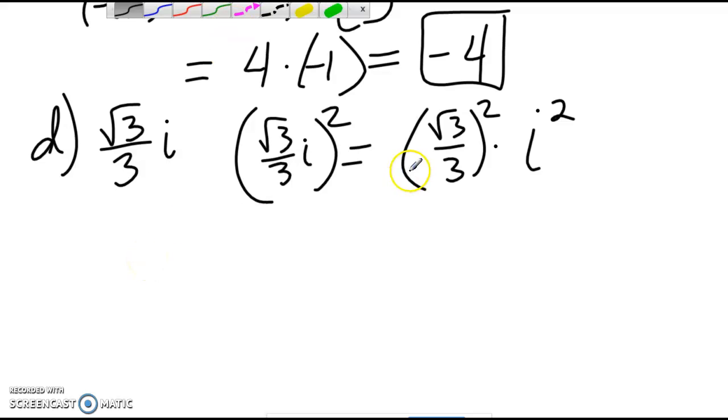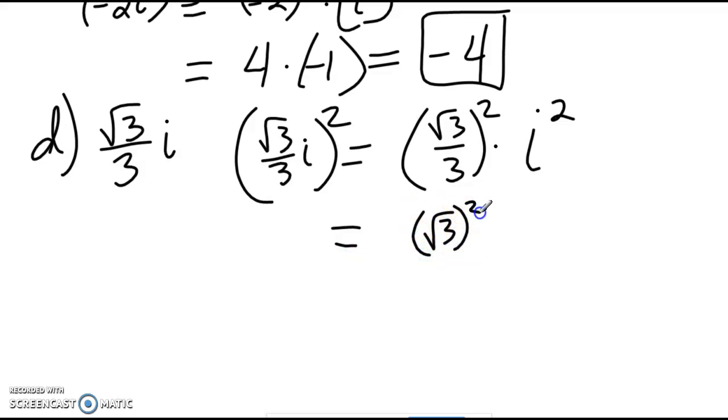Okay, so when we square a fraction, we square both the numerator and the denominator. So the long way around this would be we're going to square the square root of 3, and then we're going to square 3 in the denominator. And then we know i squared is -1, right?